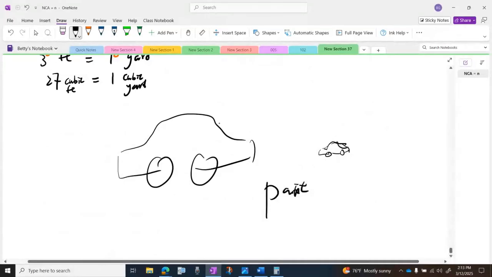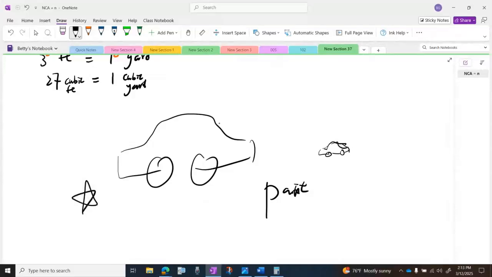Suppose you know the amount of paint you use for the real car, and the model is, let's say, 100 times smaller. A car that's this big, 100 times shorter, right? One dimension.